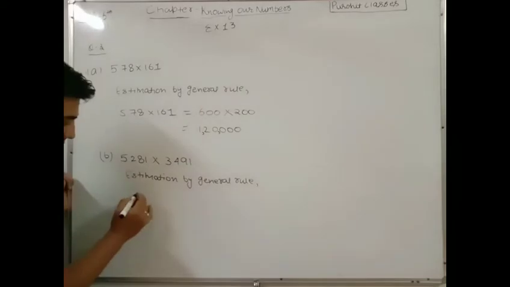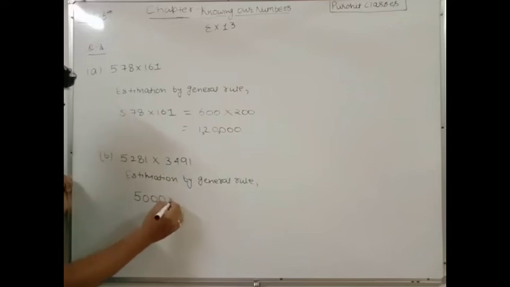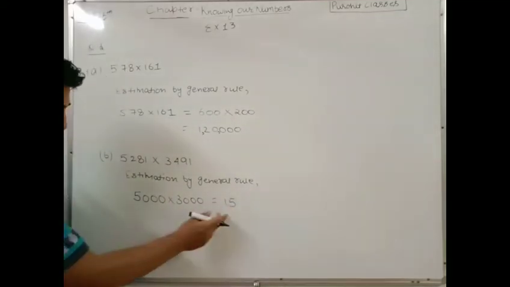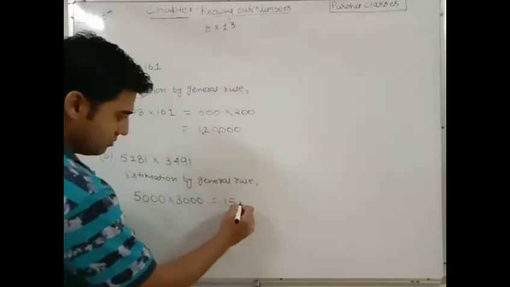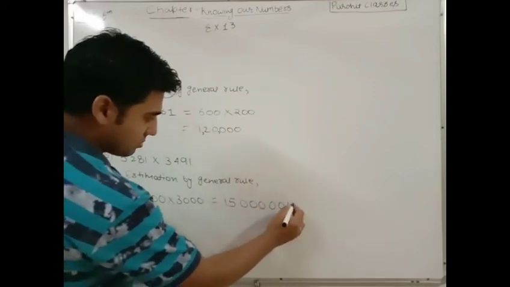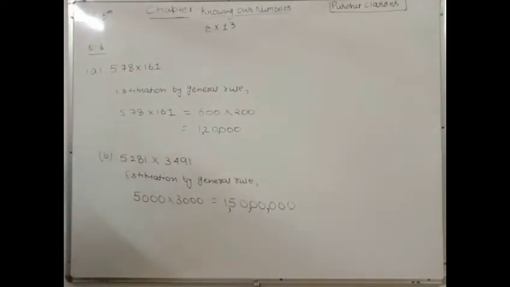So this will be 5,000 as it is, since the nearest digit to the greatest place is smaller than 5, multiplied by 3,000. So this will be 15, 3 times 5 is 15, and after that 1, 2, 3, 4, 5, 6 zeros. Let us insert comma according to Indian system. 1 crore 50 lakh. Understood?